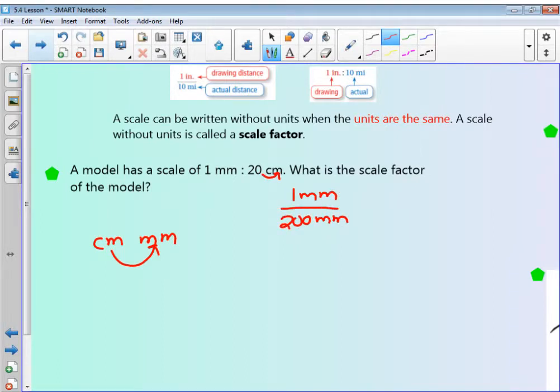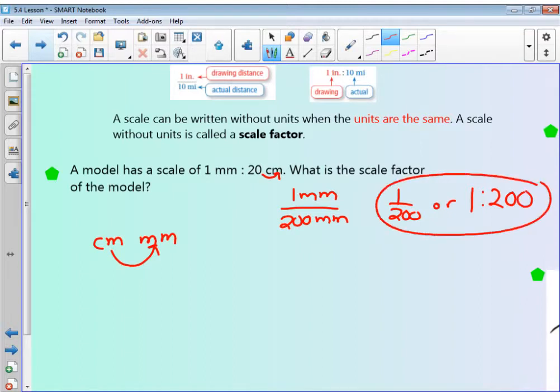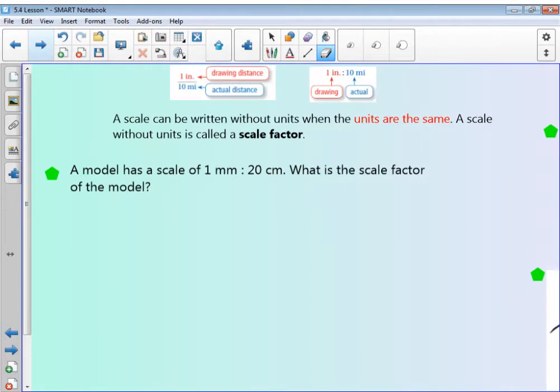So my scale factor would be 1 to 200 or 1:200. Okay, and this is just converting it into centimeters. If I converted it to millimeters, that would be fine, but usually you don't have a decimal number in a scale factor. Doesn't mean you can't, but usually they will go with the larger unit.